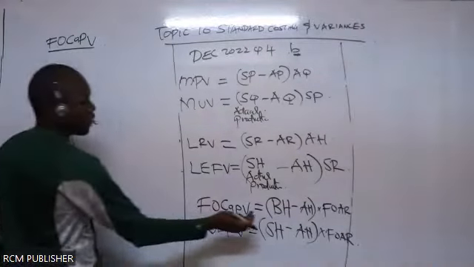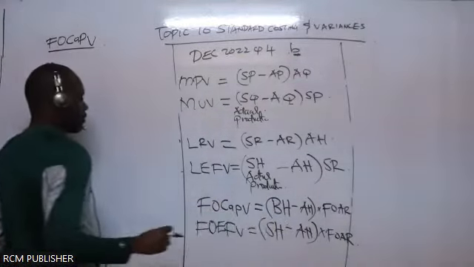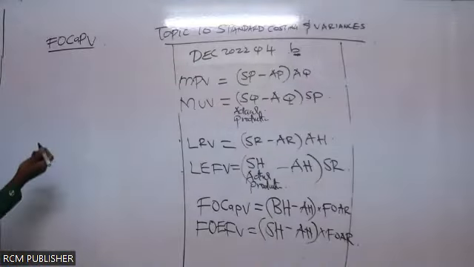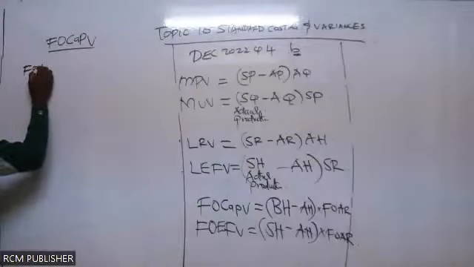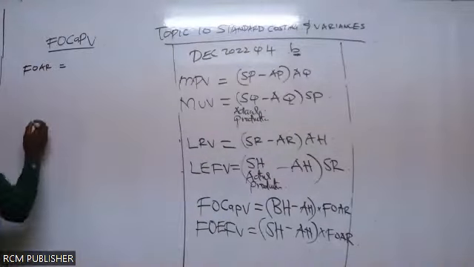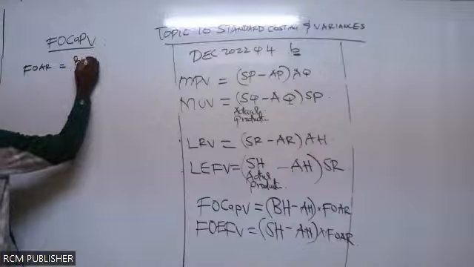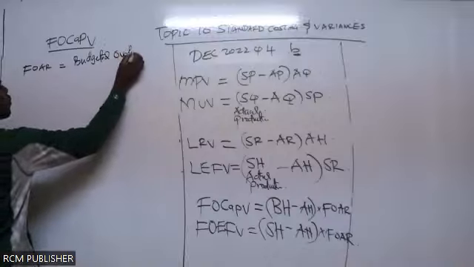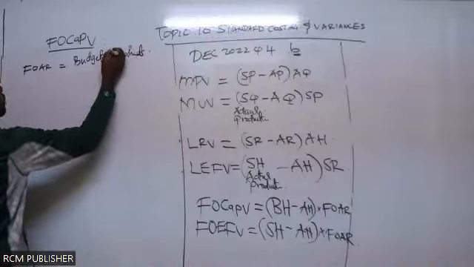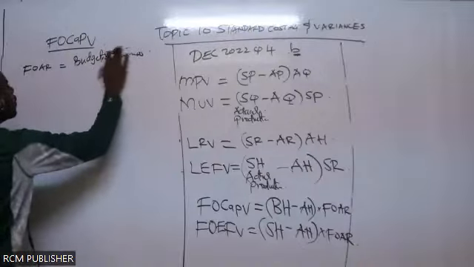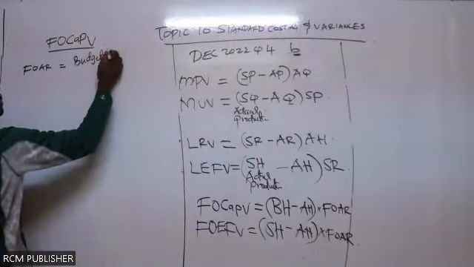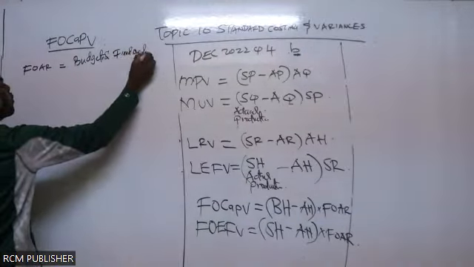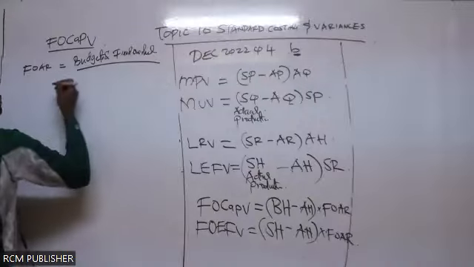So the first item, we are required to get the budgeted hours. That is what you need to know. Then you also have the fixed overhead absorption rate. So my interest is going to be the fixed overhead absorption rate, which will be equivalent to budgeted fixed overhead divided by budgeted activity level.